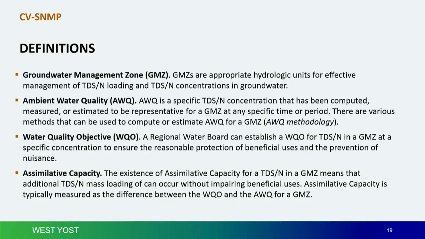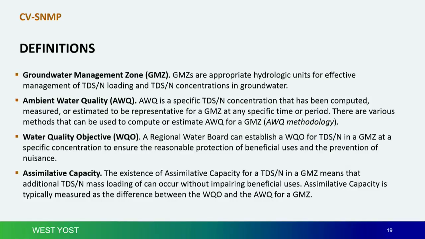But we are going to be discussing these groundwater management zones, or these logical hydrologic units that will be effective for managing TDS loading and the TDS nitrogen concentrations in groundwater. Ambient water quality, or AWQ, that is a method by which we take data and we evaluate that data within a management zone.